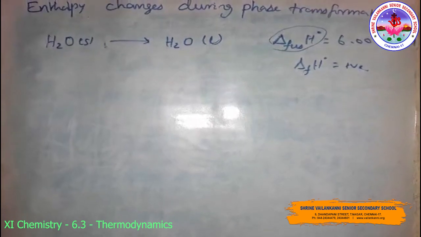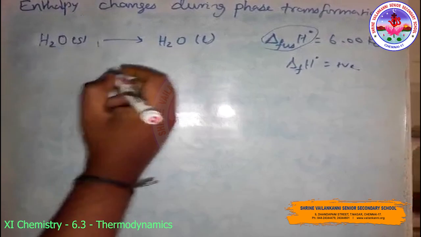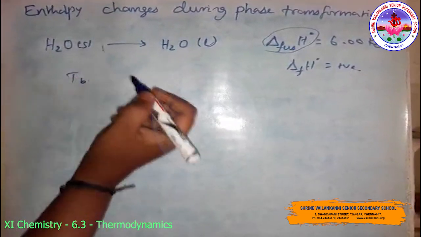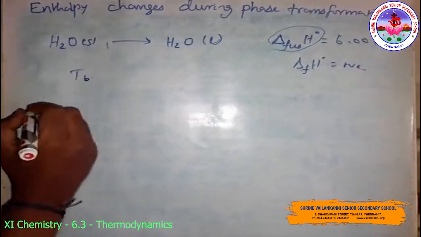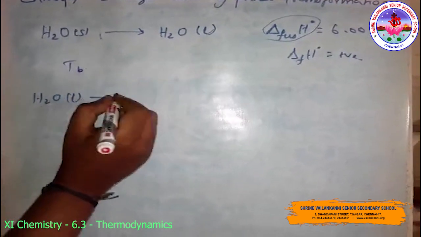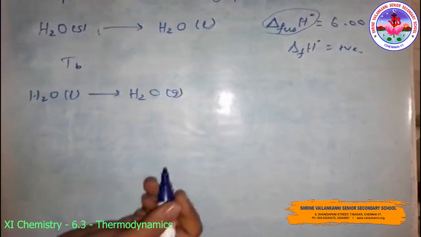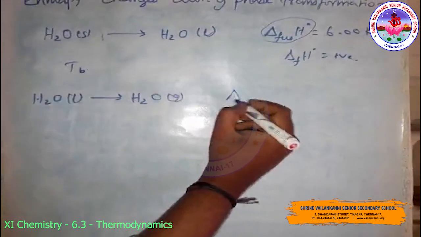Water requires heat for evaporation at the constant temperature of the boiling point, Tb, at constant pressure. We can write H2O liquid gives H2O gas. This is the standard enthalpy of vaporization.